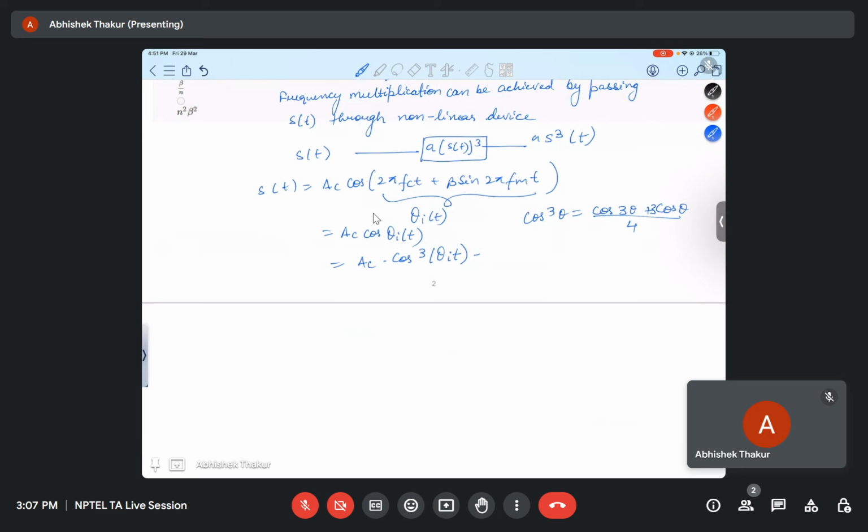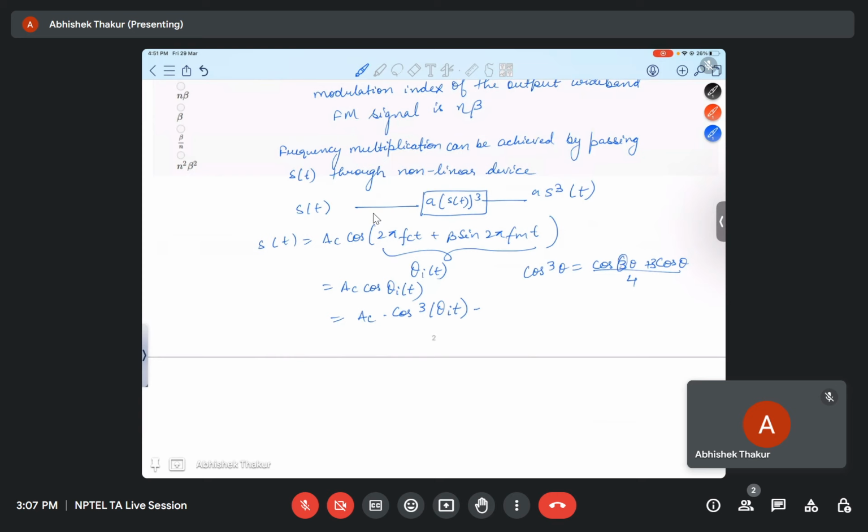So here it is multiplied by n. Beta naught is equal to 3 into beta.